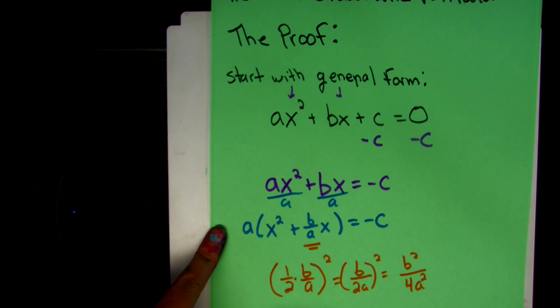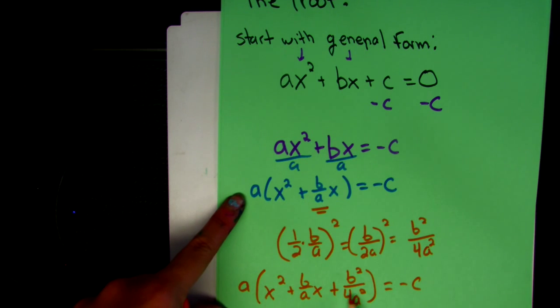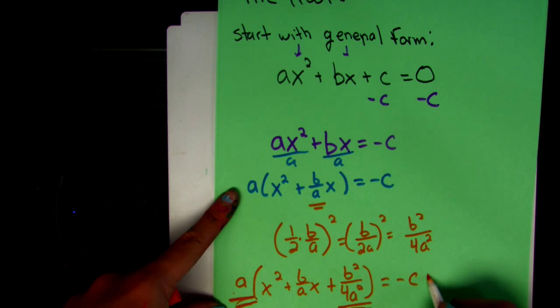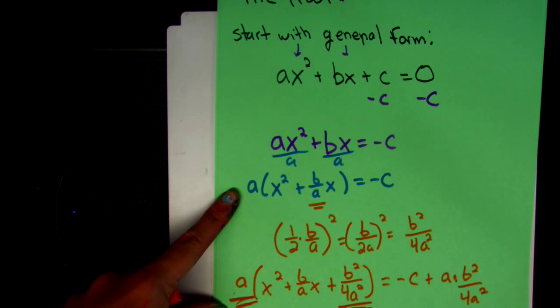So now I have a times x squared plus b over a x plus b squared over 4a squared equals negative c. But remember, I'm not just adding b squared over 4a squared. I'm adding a times b squared over 4a squared.